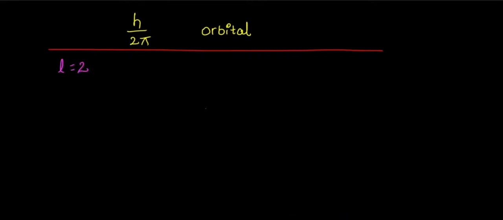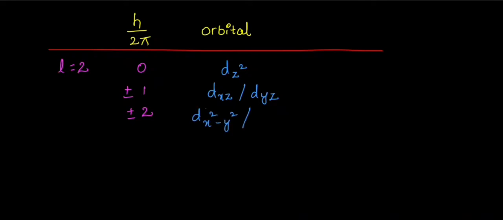For L equal to 2, the allowed values are 0, plus or minus 1 and plus or minus 2. 0 corresponds to dz square, plus or minus 1 correspond to dxz or dyz, and plus or minus 2 correspond to dxy and dx square minus y square.